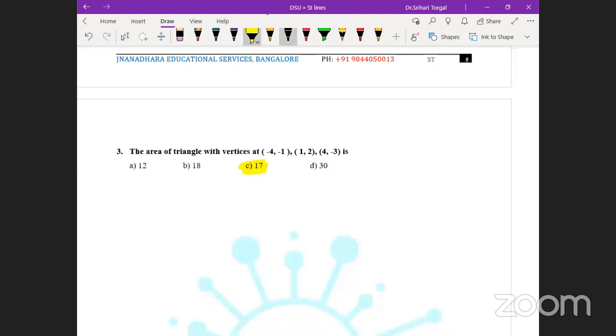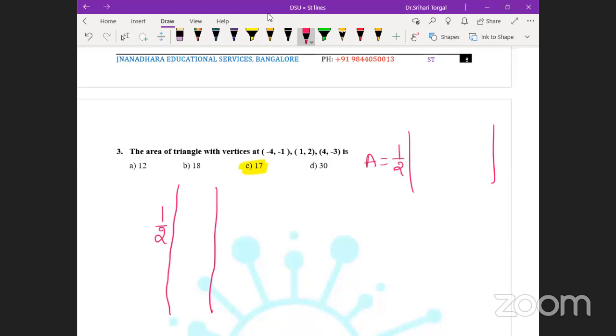Let me check. I'll tell you one more method. I think if you know this technique, that is good. I think all of you are calculating using determinants also. This you have studied in determinants, finding the area when the 3 points are given, right? So I'll tell you one more method.